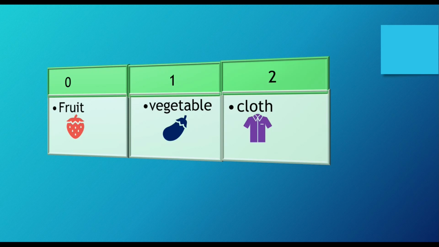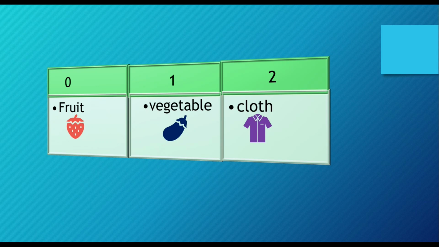So let's understand this. There are three containers, and they can have different types of values, or they can have the same type of items. This whole thing is like this: first item, second item, third item.